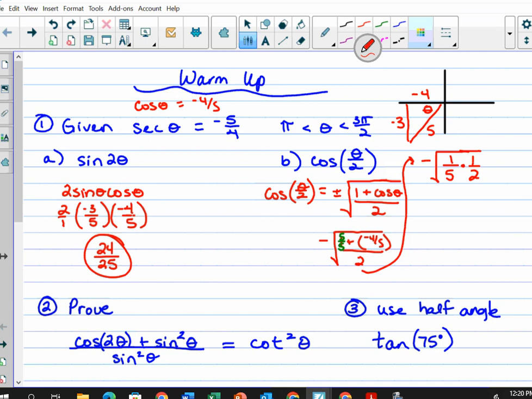Okay. So I have negative square root of 1/10, which is really like negative square root of 1 over square root of 10. What is the square root of 1? 1. And then can I rationalize? So I get negative root 10 over 10 as my answer.